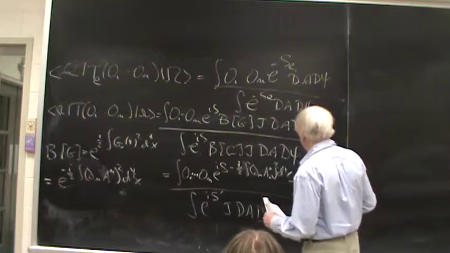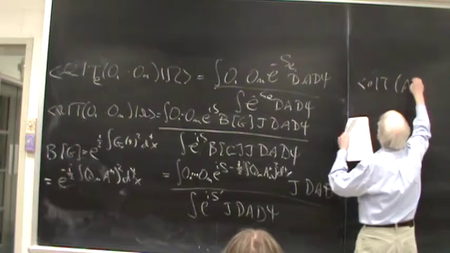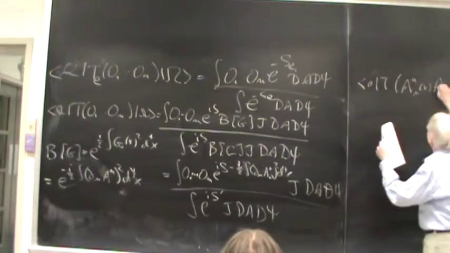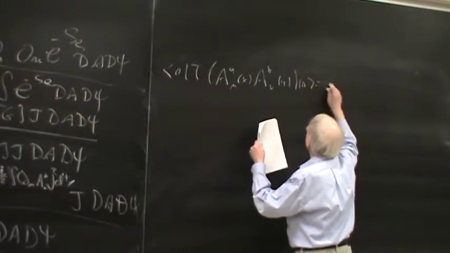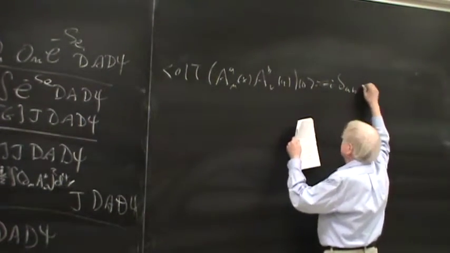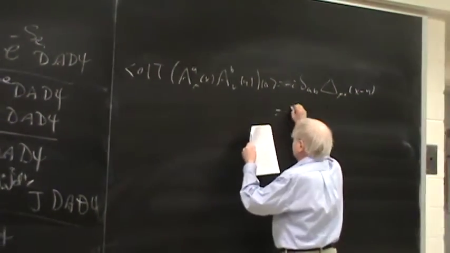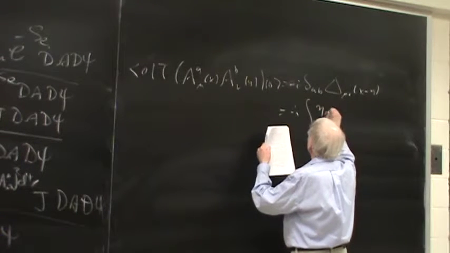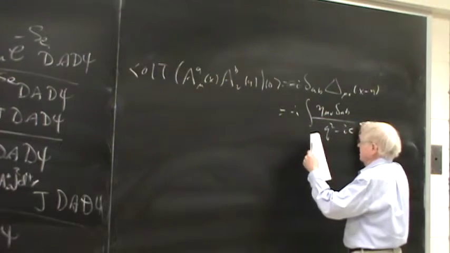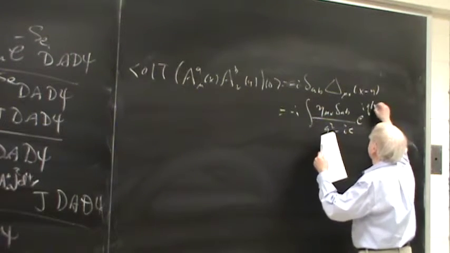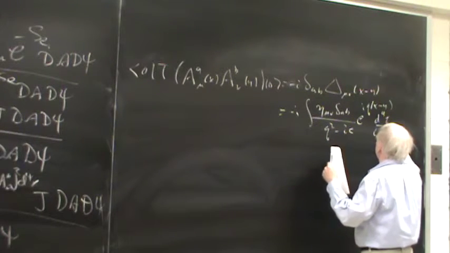And so this means then that the time-ordered product of A A mu of X, A B nu of Y is minus delta AB delta mu nu of X minus Y. And that's just minus I integral of eta mu nu delta AB over q squared minus I epsilon, e to the I q x minus y, d4 q over 2 pi to the 4th.